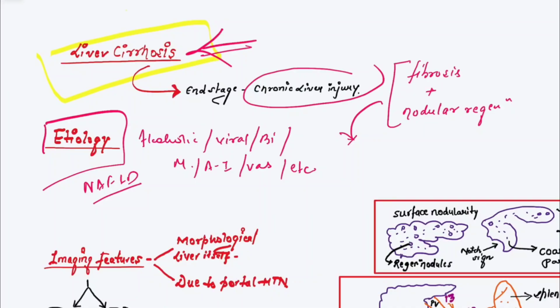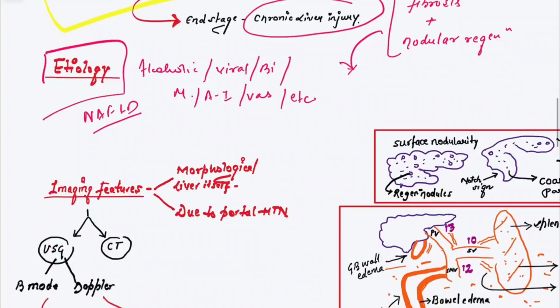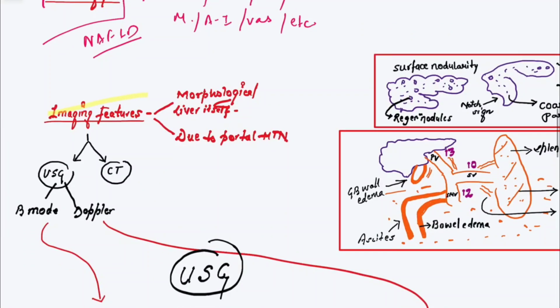Let's now discuss the imaging features of liver cirrhosis. So the imaging features are due to two causes. One is morphological, that is due to the liver itself, and another are related to the effects of portal hypertension.